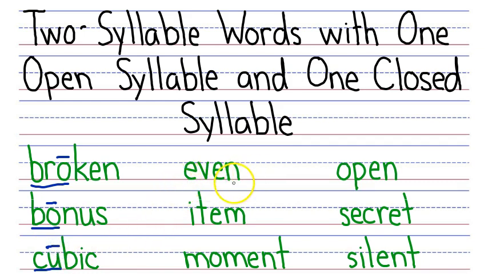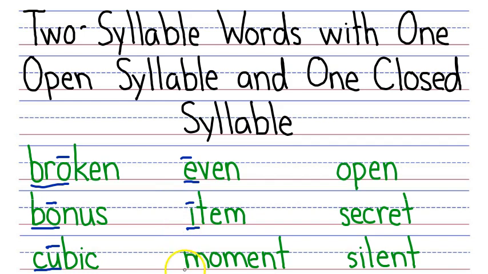In even, E is our open syllable because it ends in a single vowel letter that makes a long vowel sound, the long E sound. And in item, our open syllable is the I because it's a single vowel letter that makes a long vowel sound, the long I sound.